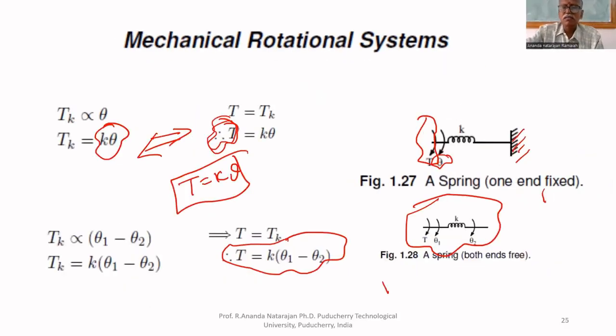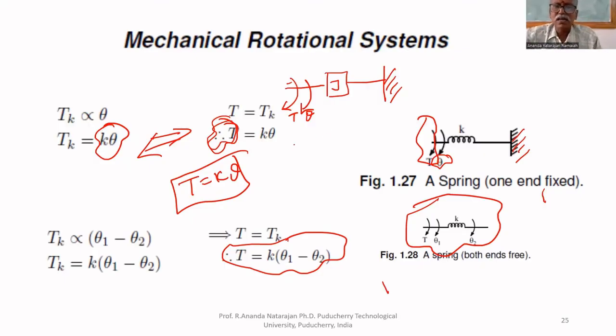One more element is missing. That is, it has inertia J. Applied torque is T. Displacement is theta. There, mass M. Here, moment of inertia J. Moment of inertia J is a constant, because of mass only.